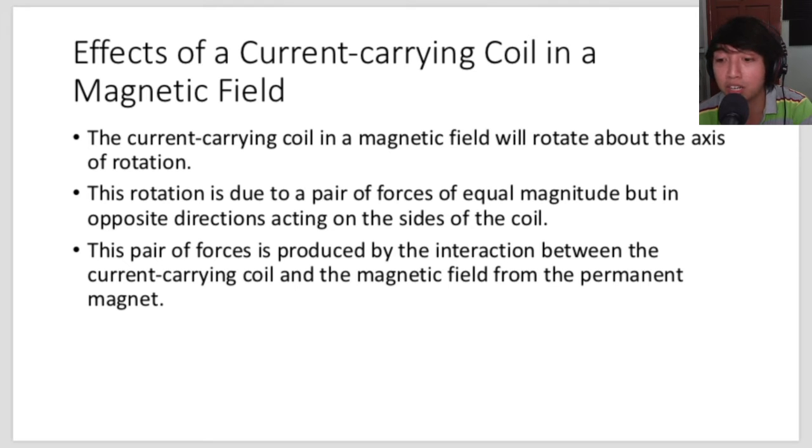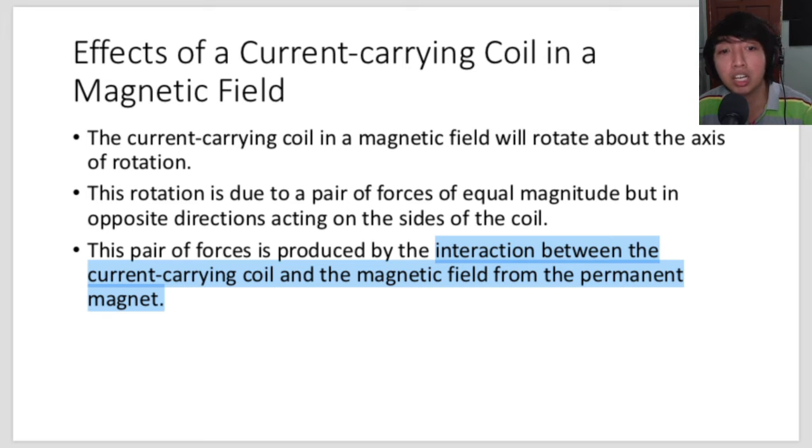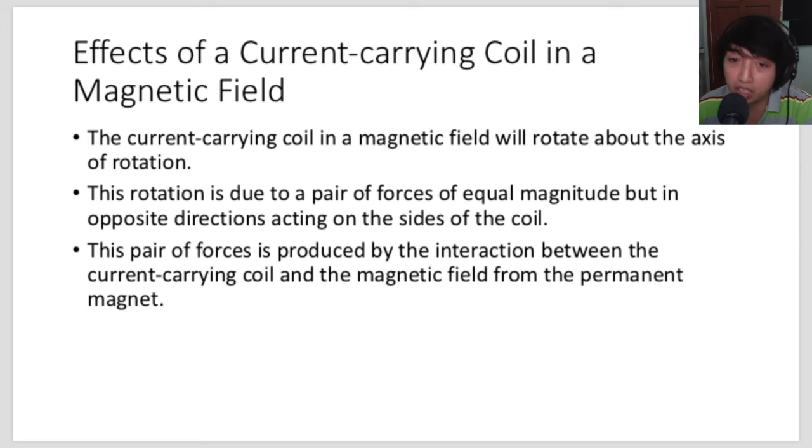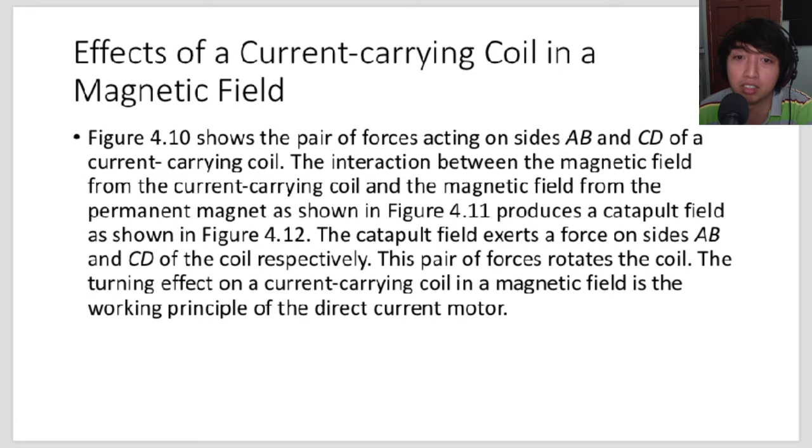But if you put it on something that's free to rotate, then it will rotate. So this rotation is due to a pair of forces of equal magnitude but opposite directions, like what I just showed. So this pair of forces is again caused by the interaction between the current carrying coil and the magnetic field from the permanent magnet.